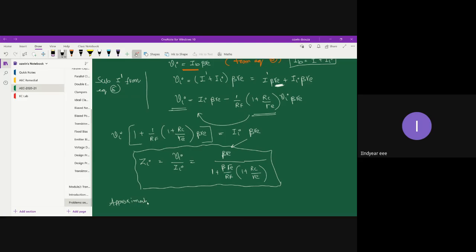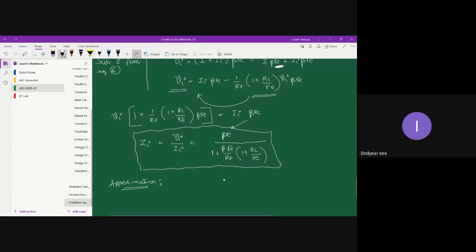There is no hard and fast rule that you have to go for approximation, but I can tell you what kind of approximation I'm proposing. 1 plus Rc by Re is approximately equal to Rc by Re, simply because this ratio Rc by Re is very large compared to unity. It's like a drop in the ocean, hence you can simply take it as Rc by Re.